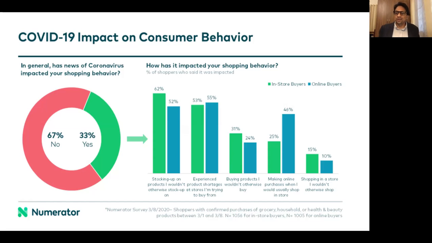So you would look at online more. Shopping in a store that I wouldn't normally stop at is actually low. I have stopped going to shops for every drop of a hat, as used to happen earlier; now it's more of a planned purchase and a larger set of purchases.